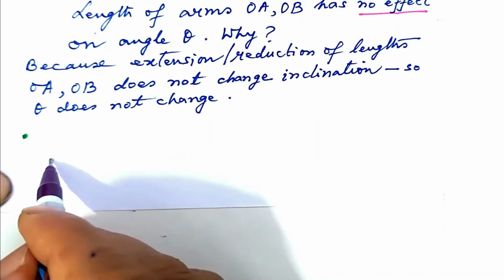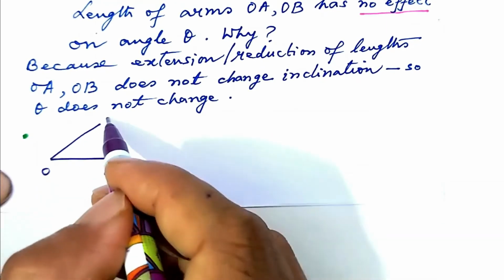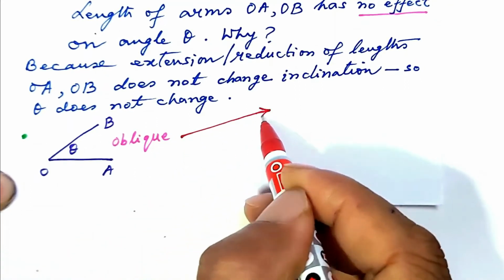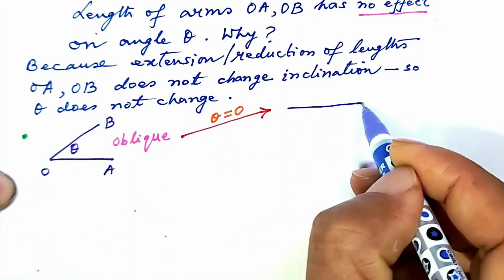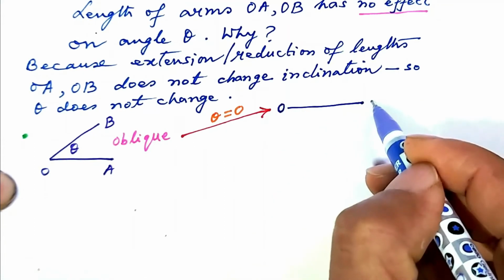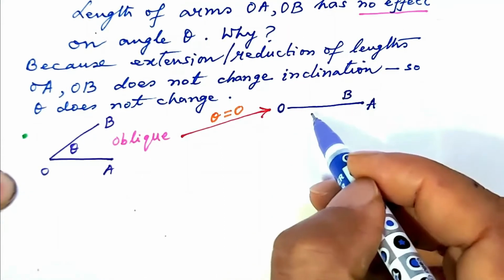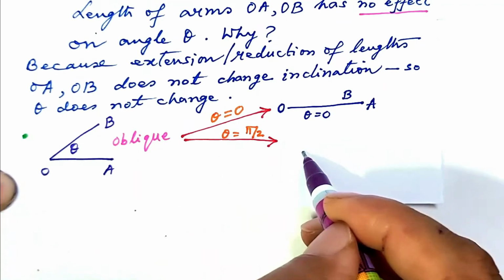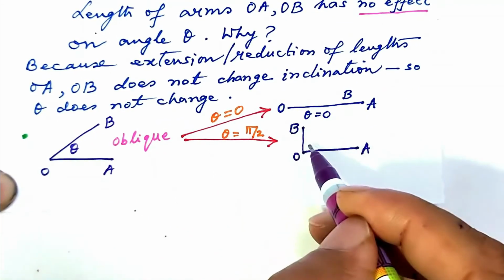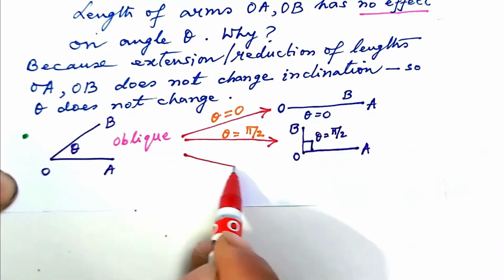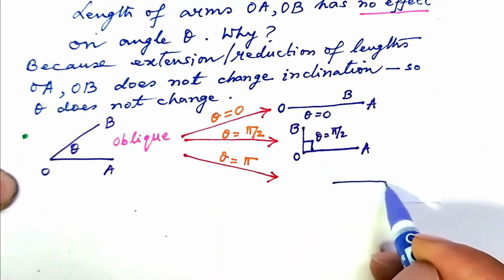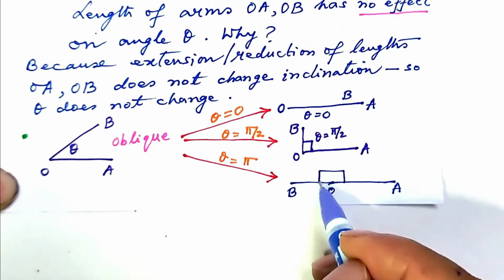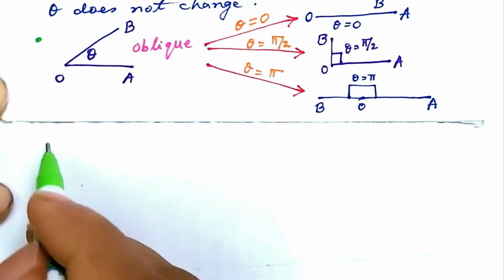A quick recap. This picture shows that OA and OB are inclined obliquely. For theta equal to 0, OA and OB are collinear and lie in identically the same direction and sense. For theta equal to pi by 2, OA and OB are orthogonal or perpendicular. For theta equal to pi, OA and OB are collinear but lie with their endpoints in opposite direction and sense.